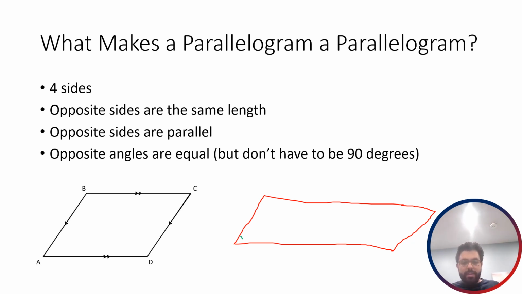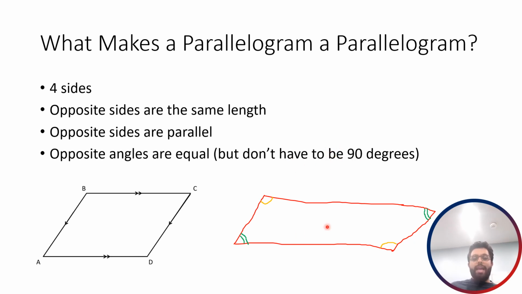I'm going to say this angle and that angle are supposed to be the same as each other, so I'm going to put two arcs there. And then I'm going to put one arc here and one arc here to say that those two angles are the same as each other, but they're different from the ones with two arcs. Opposite angles are equal, but don't have to be 90 degrees. This bit was exactly true for the rhombus as well.